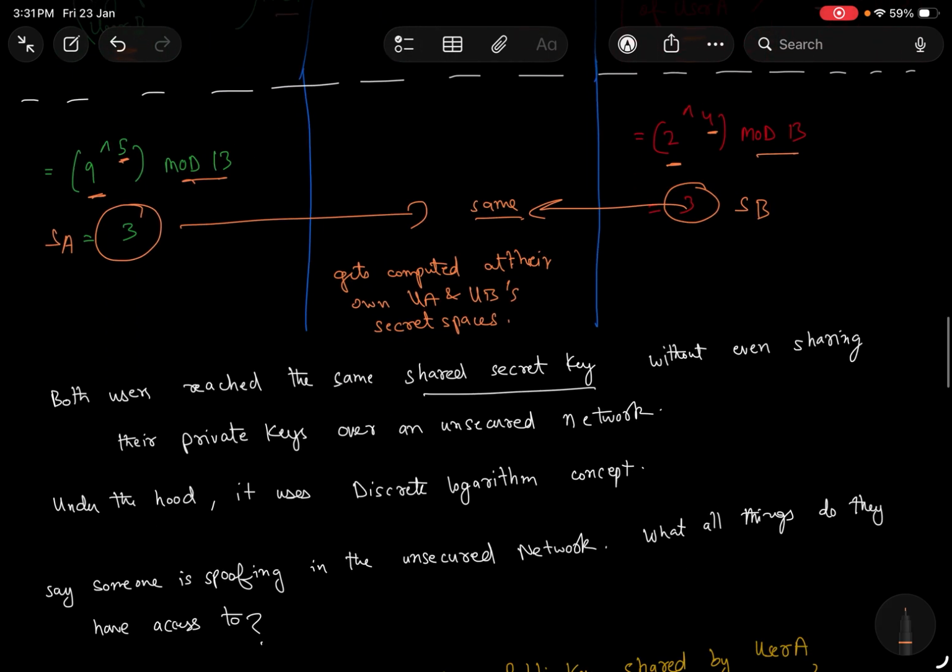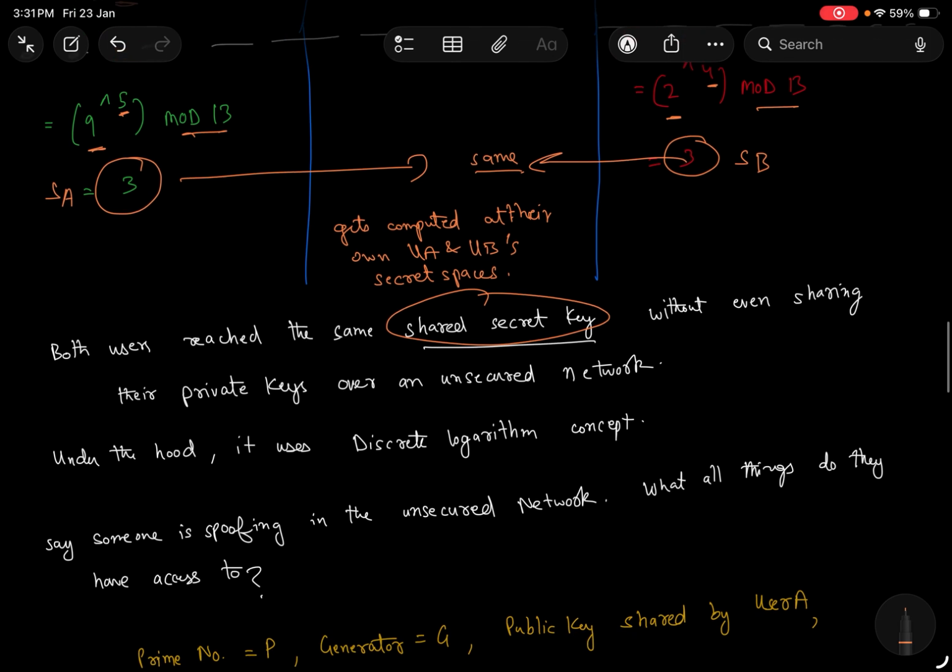So both users reach the same shared secret key without even sharing their private keys over an unsecured network. So under the hood, it uses the discrete logarithm concept.